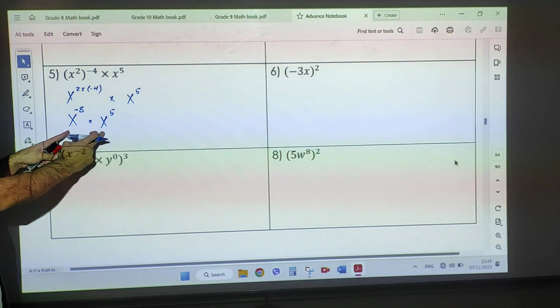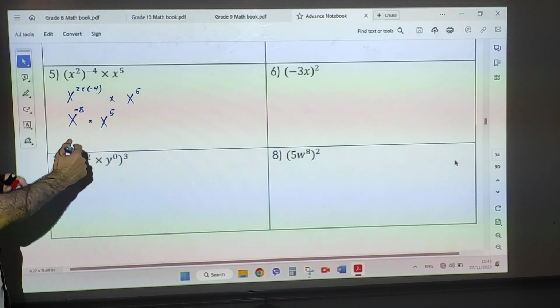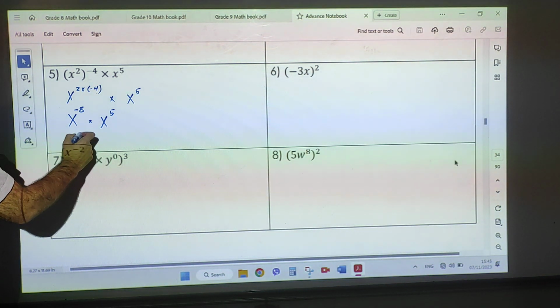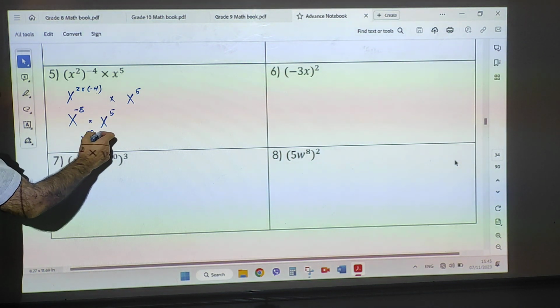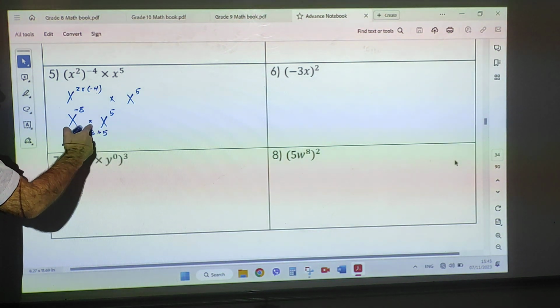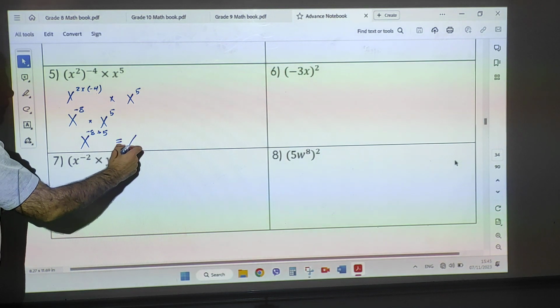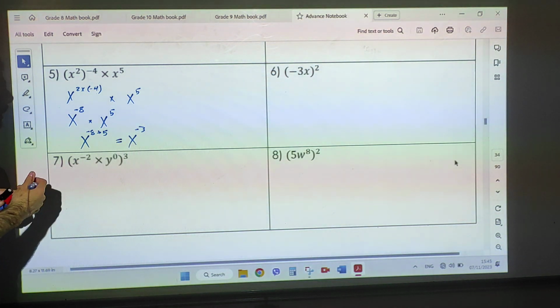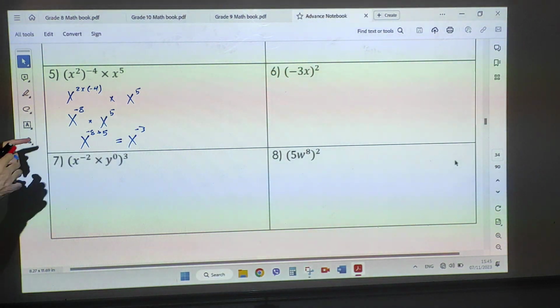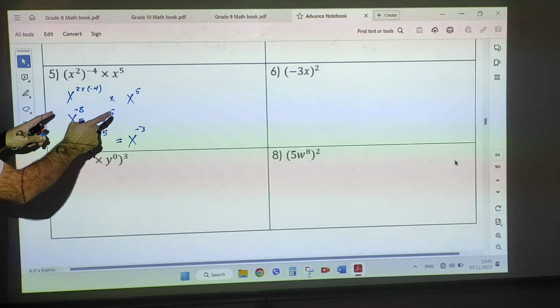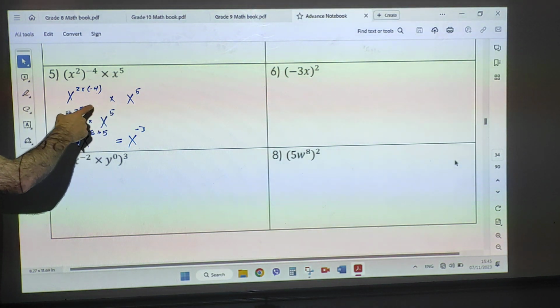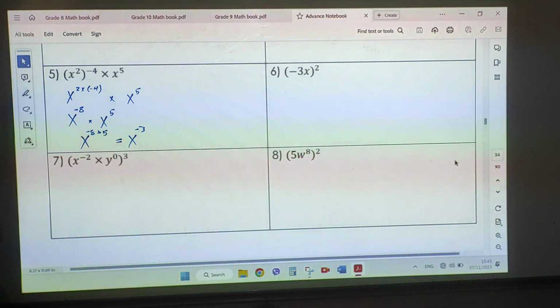Because both of them are x's, you must solve. It will be x to the power of negative 8 plus 5. There's multiplication between them. It will be x to the power of negative 3. This will be the final result. Don't leave it like this because you have x in two different places. You must make it once, and that would be the final result.